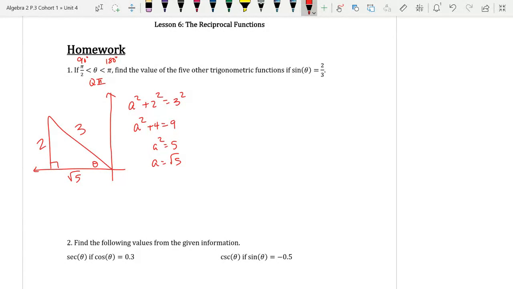Now let's think though, we're in quadrant 2, so certain things are going to be positive, certain things are going to be negative. So we already know sine, so we should be able to find cosecant really easily. It's just the reciprocal of sine, so 3/2.